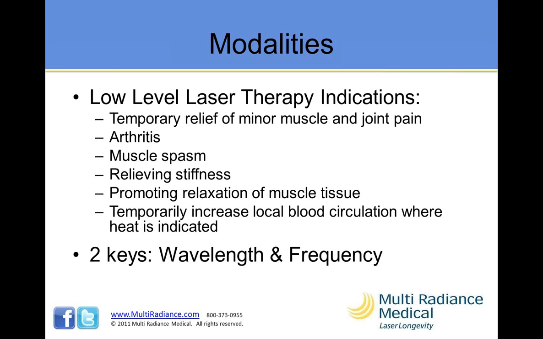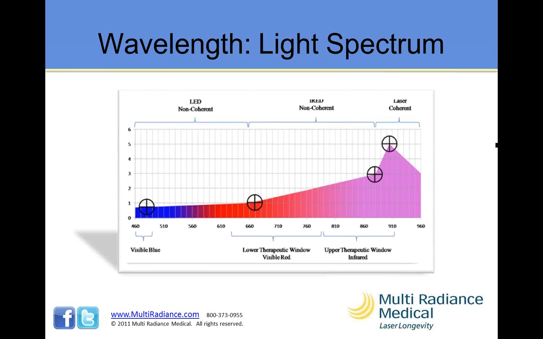Now, when you look at laser therapy, it comes down to basically two key elements, and that's going to be wavelength and frequency. When you look at the light spectrum, you'll see that there is a wide spectrum of light from 460 to 960 to 1,000.